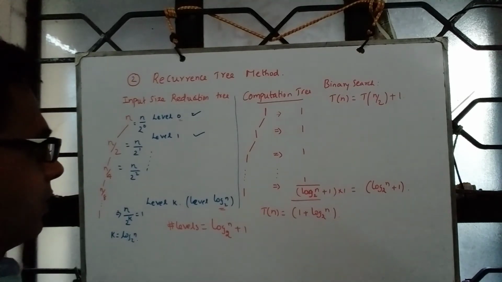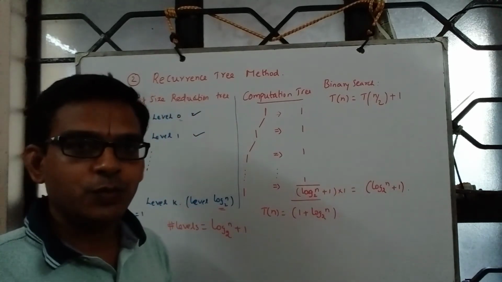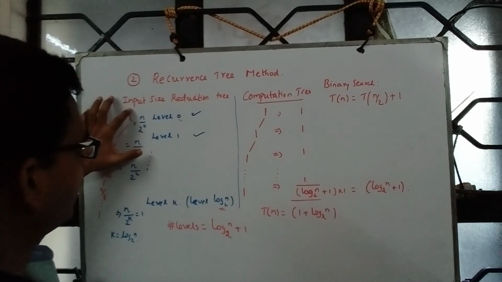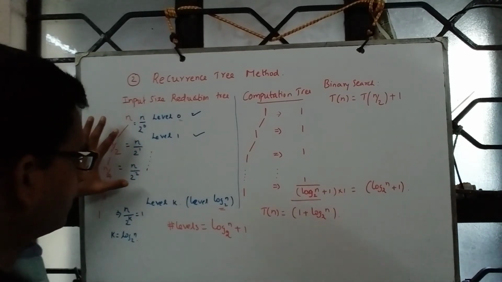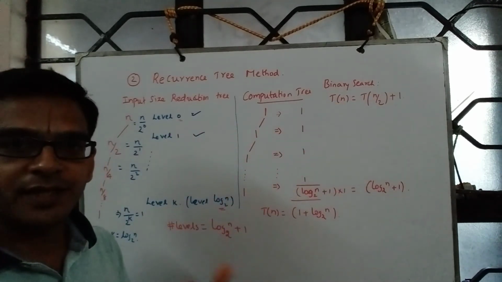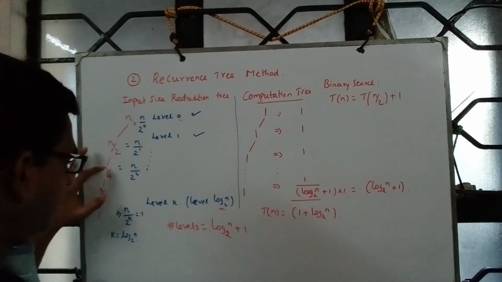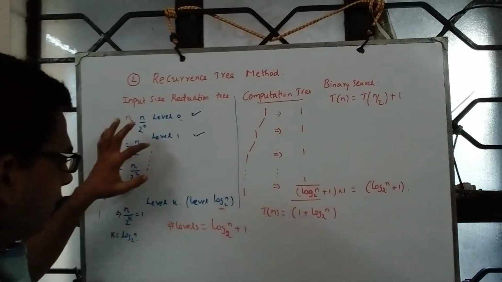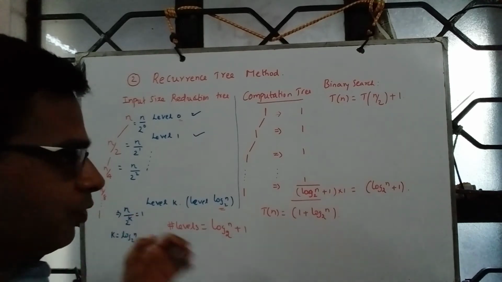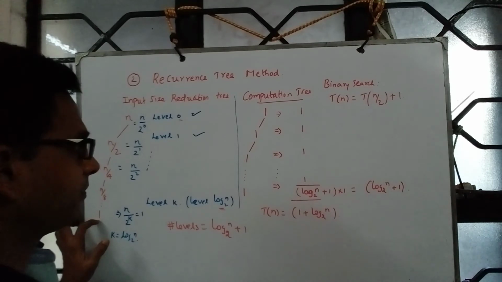Fine. So as part of this recurrence tree method, there are two things. One is something called input size reduction tree that talks about how input n decreases at each iteration, and what is the problem size or input size at each iteration, and after how many levels it's T of 1 subproblem, or how many iterations it takes to reach the problem size 1.